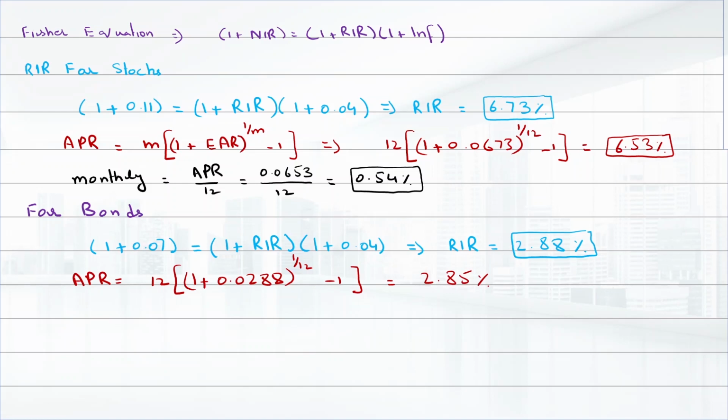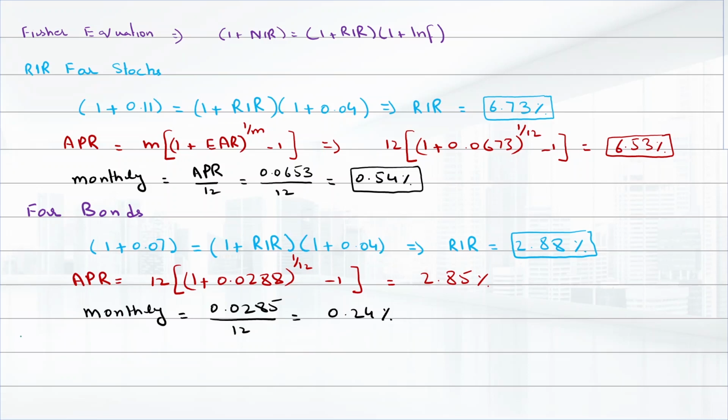Lastly, we will find the monthly interest rate, 0.0285 divided by 12, which is equal to 0.24%. After calculating the monthly rate, we will find the future value of the retirement account in real terms.